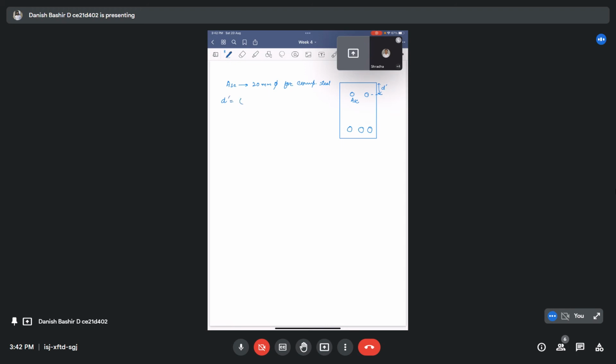I will put clear cover as 30 mm, plus it will be surrounded by a stirrup like this. I am assuming an 8 mm stirrup.